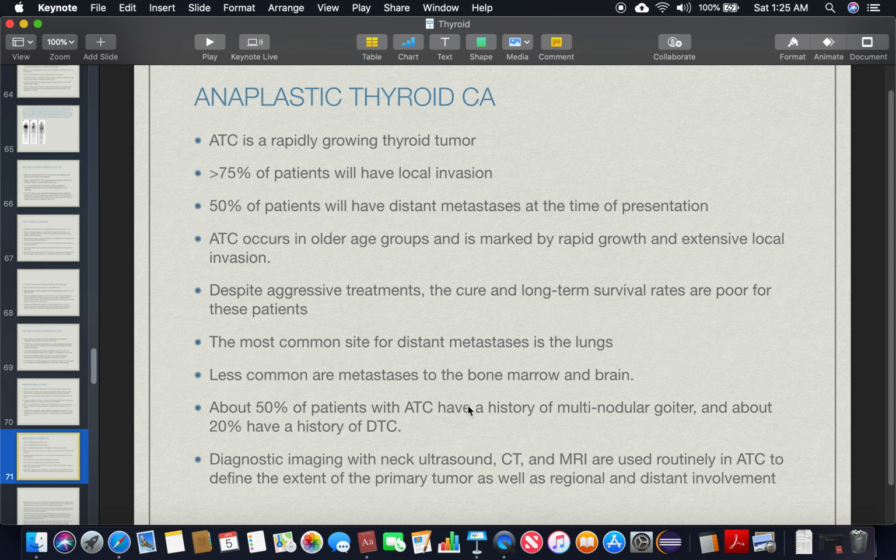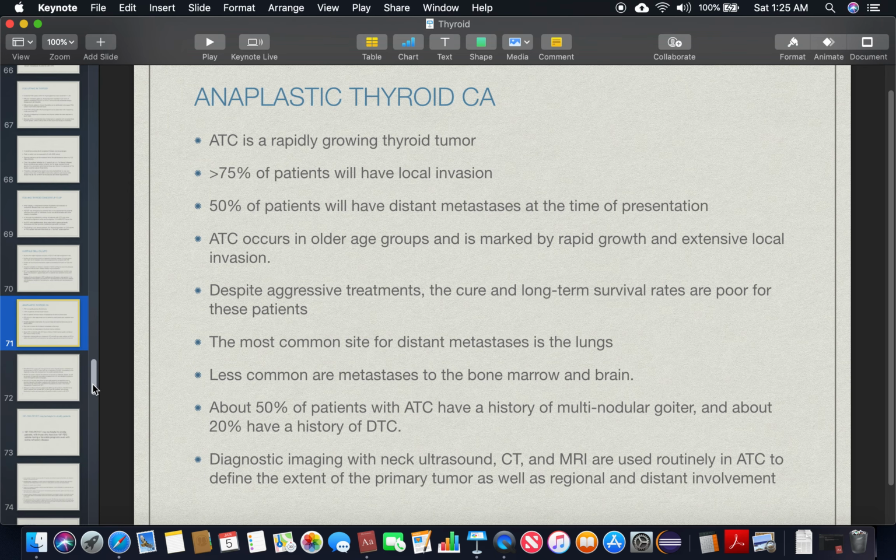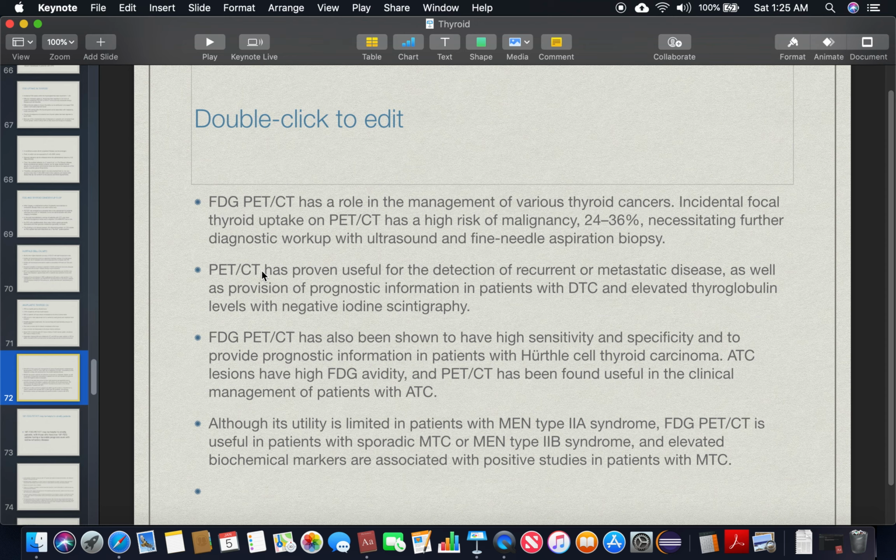And 50% of these patients have a history of multinodular goiter, and about 20% have a history of differentiated thyroid cancer. So this cancer, which was well differentiated, sort of changed and became de-differentiated, and ultrasound, CT, and MRI have a role in defining the primary tumor extent as well as the distant metastasis.